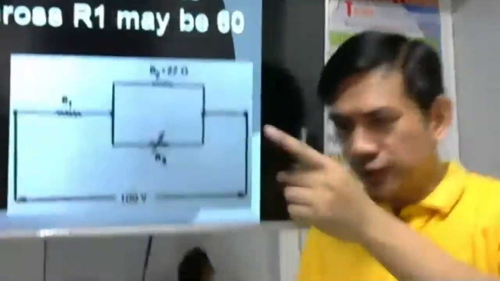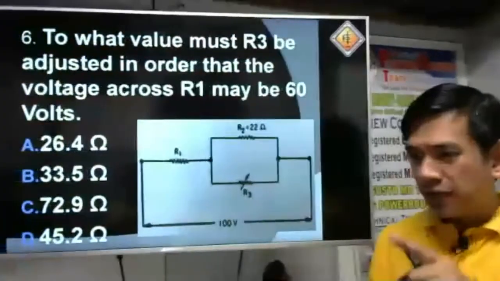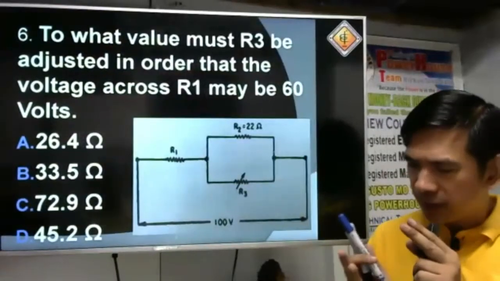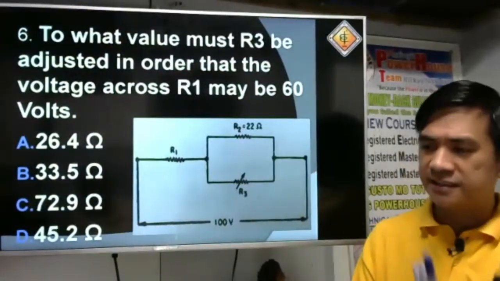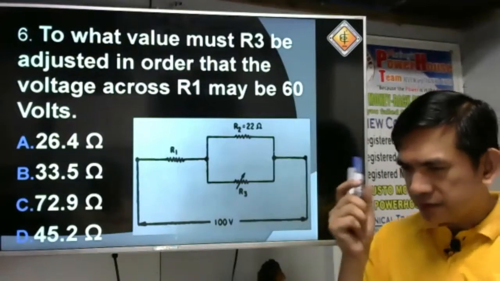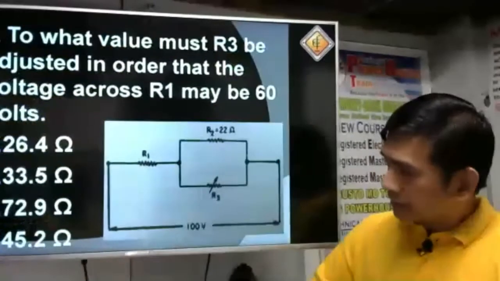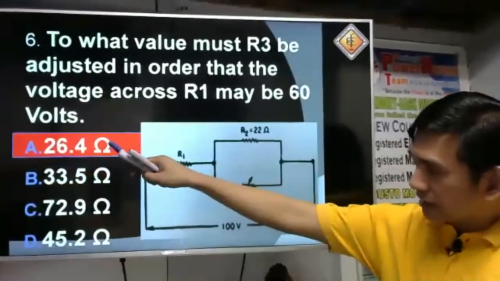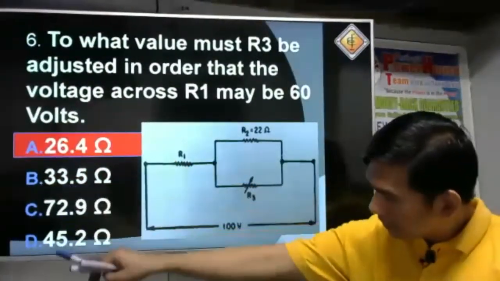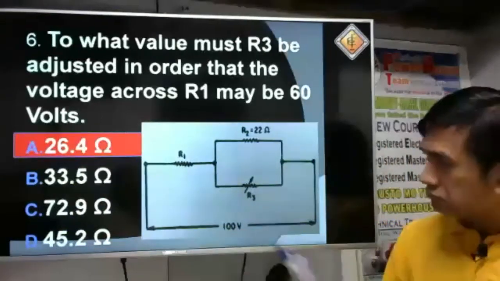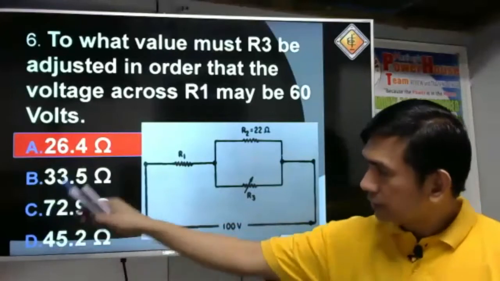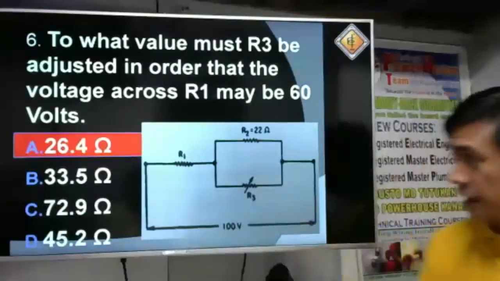In the licensure exam, just choose the nearest value because sometimes there is some discrepancy in the final answer. Just a little. Of course, there's no other than letter A. That is the nearest, because the others, 33, 72, and 45, are a very big difference. The answer would be letter A.